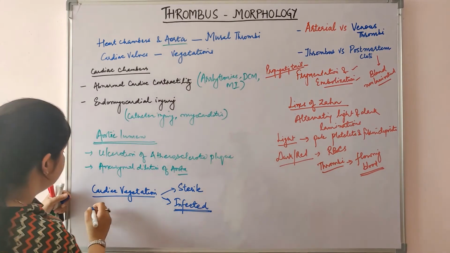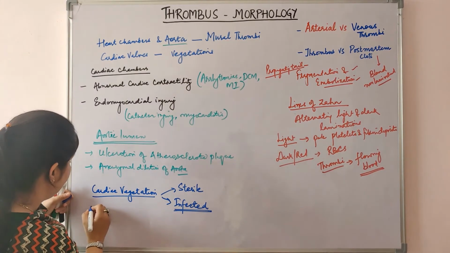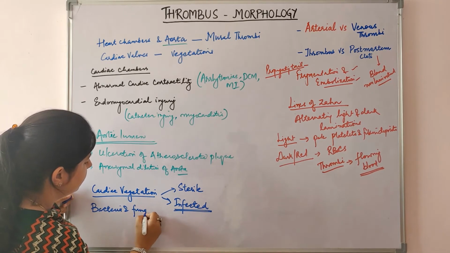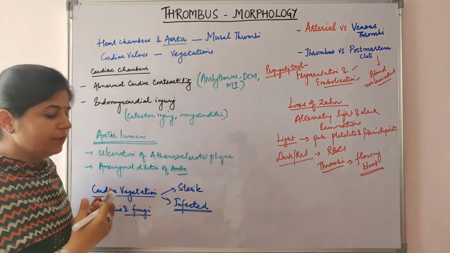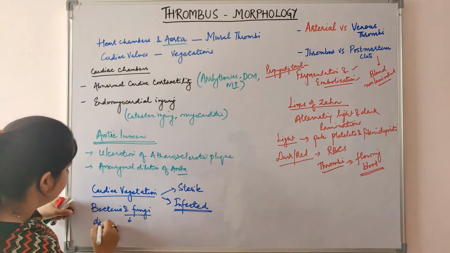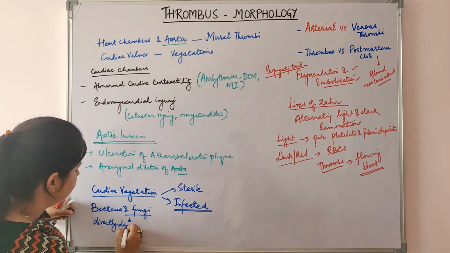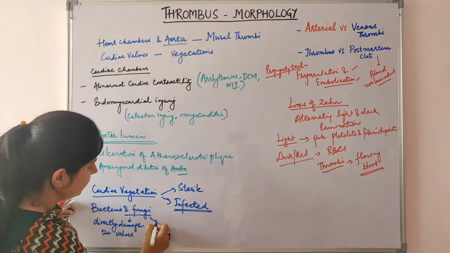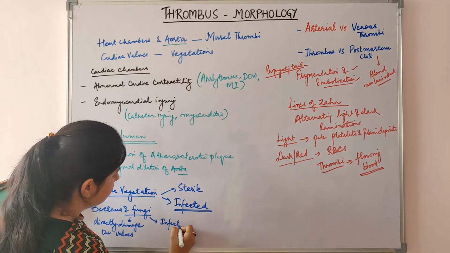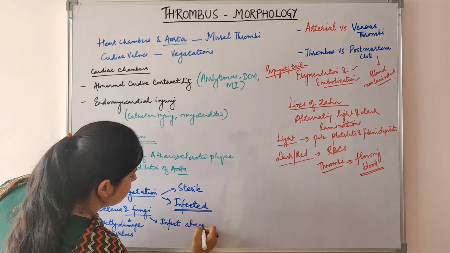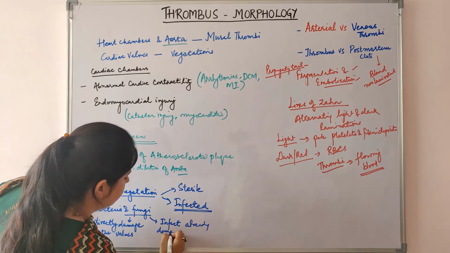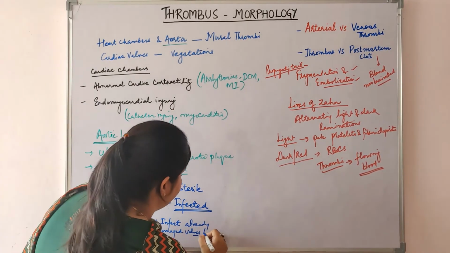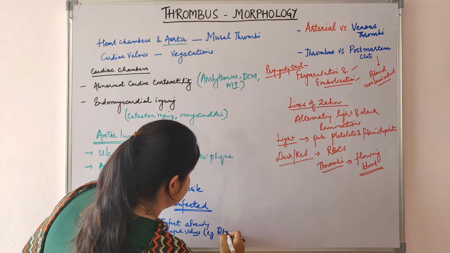Now the blood-borne bacteria and fungi can directly damage the valves, the cardiac valves, or they can infect already damaged valves, for example in rheumatic heart disease.